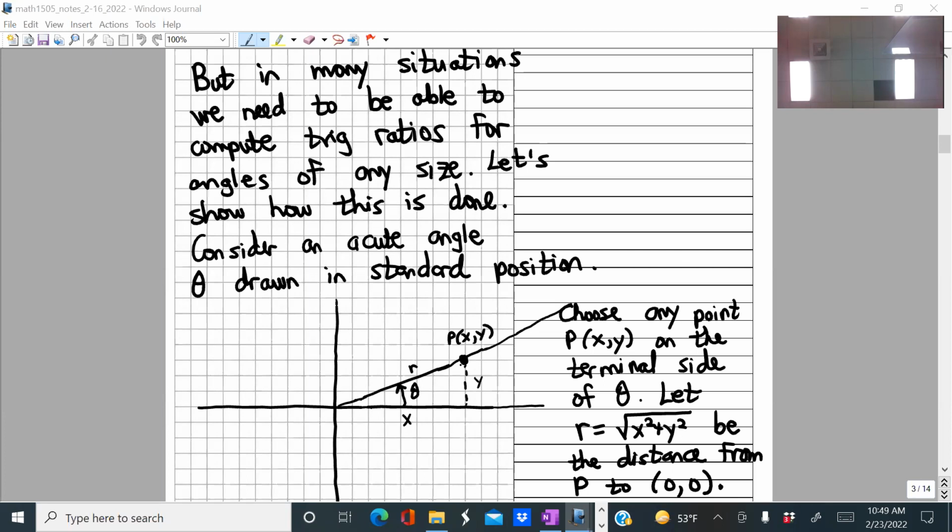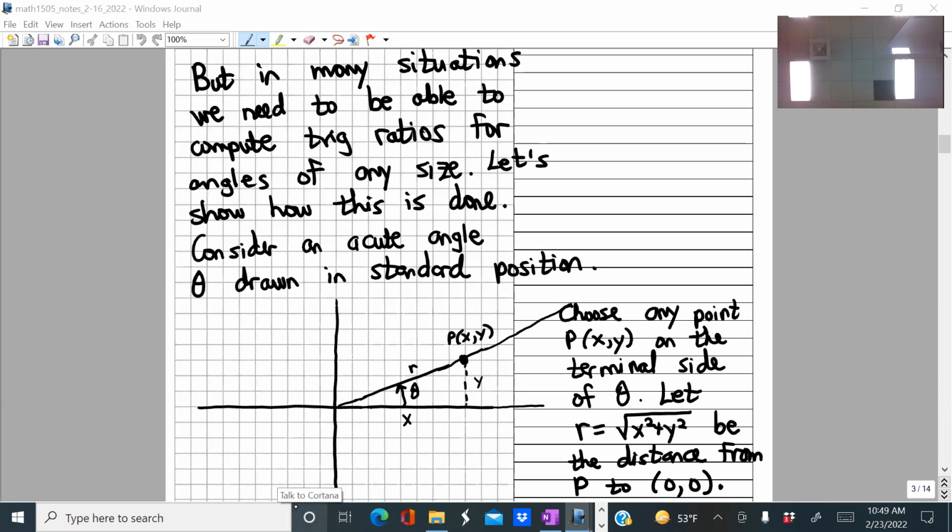I'm just going to call them x and y. I really don't know what those numbers are because this is any point whatsoever on the terminal side. And of course, that point has a distance away from the origin. I'm calling that distance r in this picture.